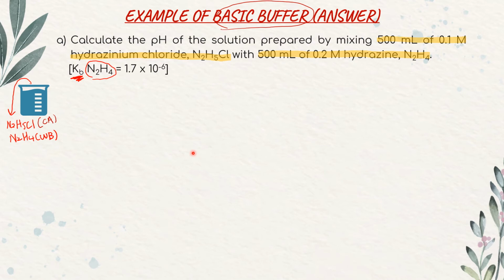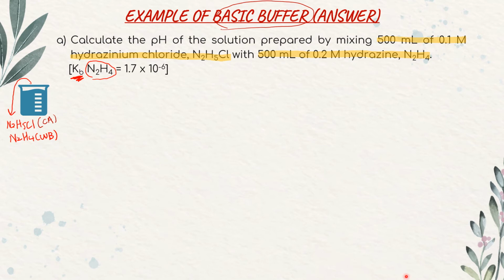Okay. Tapi dekat sini, for this question, kita ada dua volume yang berbeza. 500 ml of the hydrazinium chloride, which is the conjugate acid salt. Okay, and then 500 ml of 0.2 molar hydrazine, which is the weak base.